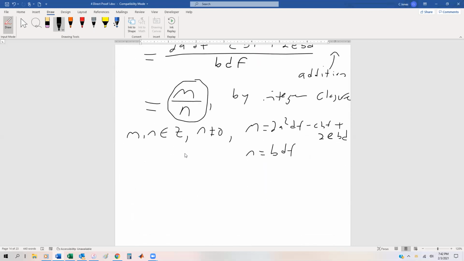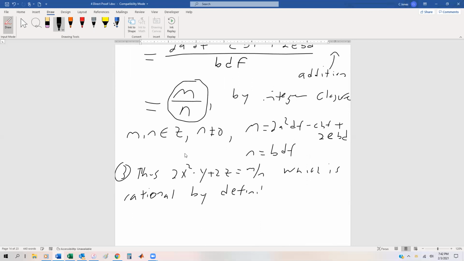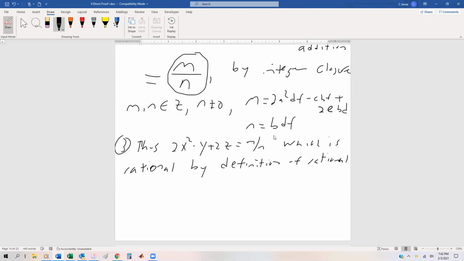Thus 2x squared minus y plus 2z is equal to m over n, which is rational, by definition of rational. All right, and so what does this mean? It means we're done.